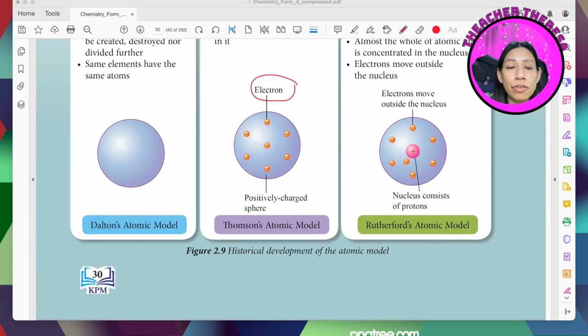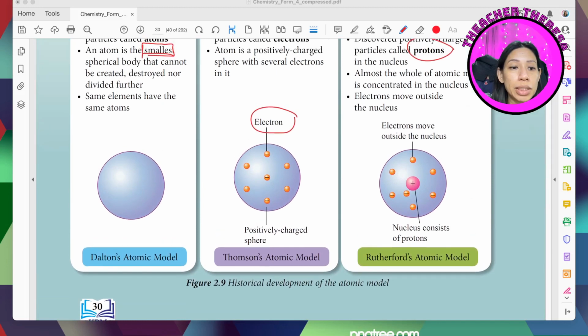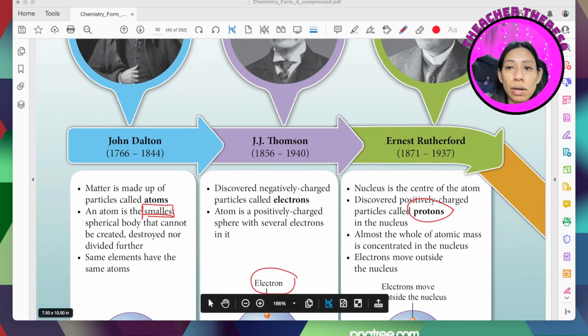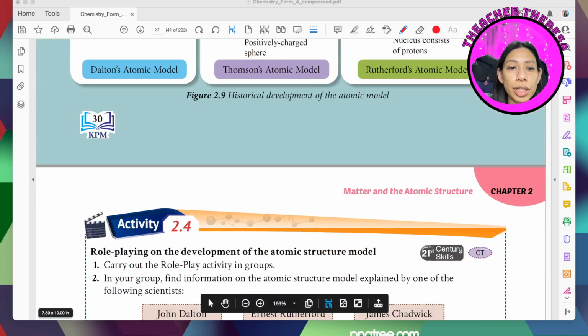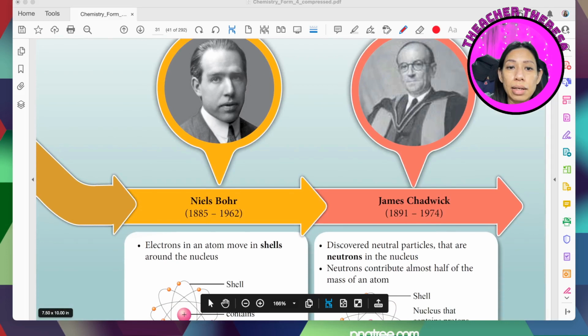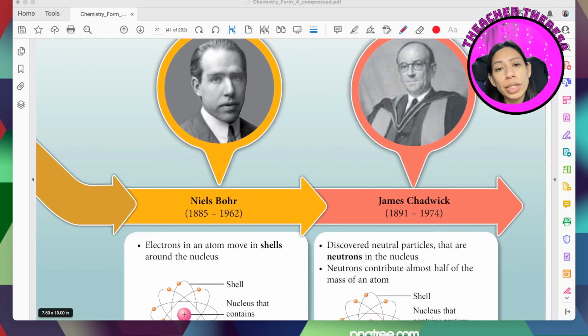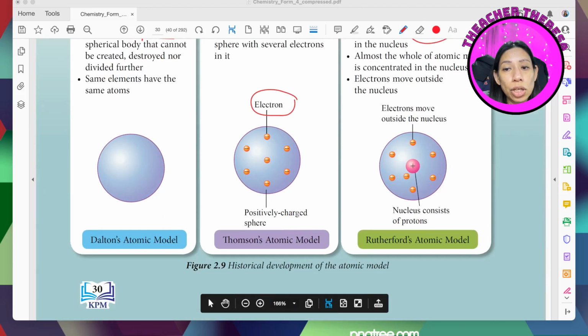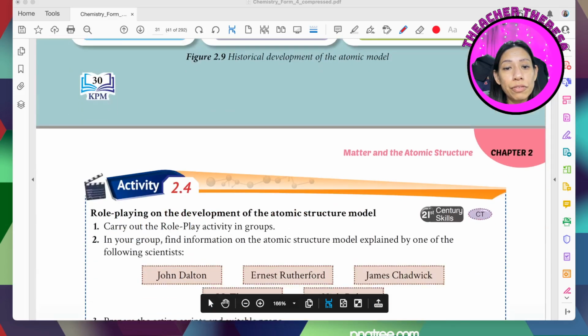So we can form a mnemonic. The mnemonic we can form here is: Dalton thought Rutherford is Bohr's close friend, see what Chadwick. Dalton thought Rutherford is Bohr's close friend.